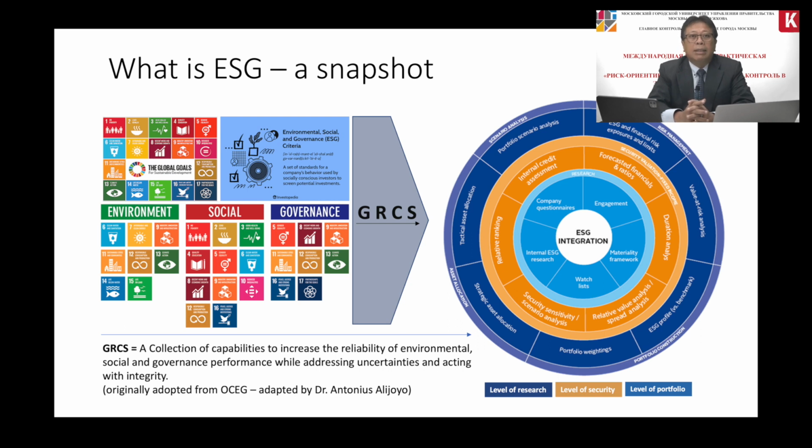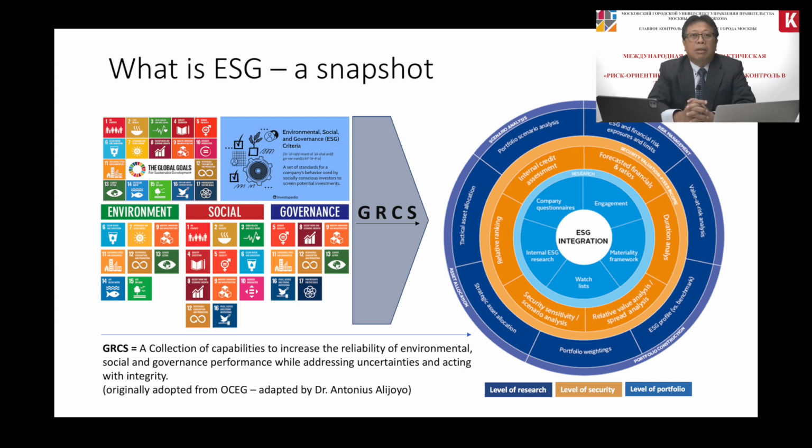Whilst ESG is a rating system used by companies to measure their environmental, social, and governance credential, GRCS, or governance, risk management, compliance, and sustainability, is a set of capabilities to bring about such credentials into reality as the base of measurement and reporting.